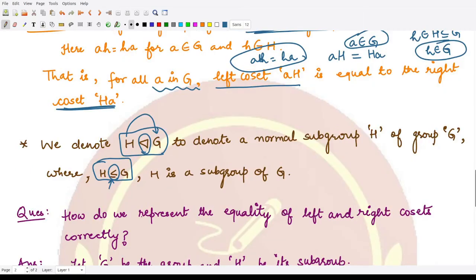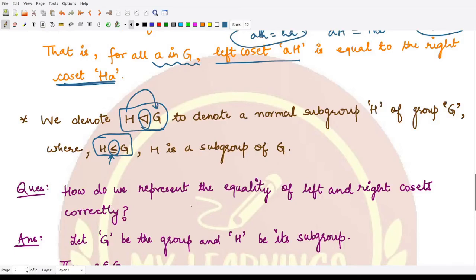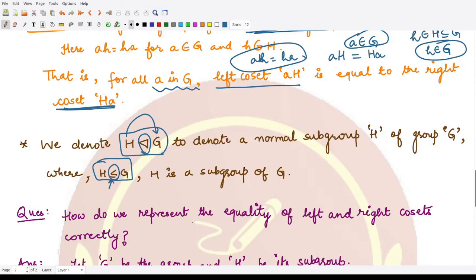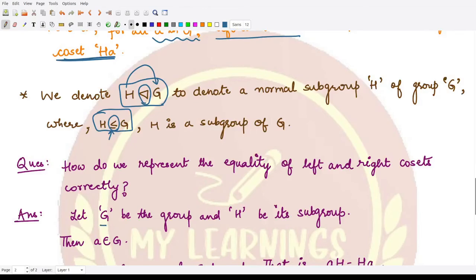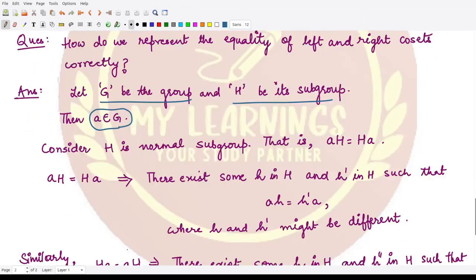Next, the question I have mentioned is, how can we correctly represent the equality of two cosets? Let's understand this in more detail. Suppose we have some group G with H as its subgroup, and we take some element small a from the group G. If we consider this subgroup to be a normal subgroup, then according to the definition, its left coset would be equal to its right coset, right?